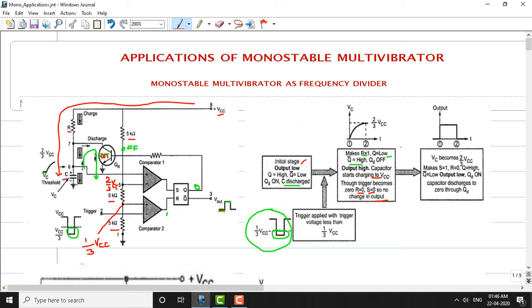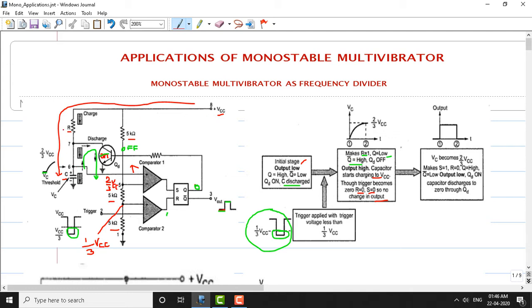Now the capacitor will keep charging for the entire duration of the on state. Once the capacitor keeps charging, the voltage at pin number 6 keeps increasing. Pin number 6 is the voltage at the non-inverting terminal of comparator 1, and it keeps rising as long as the capacitor charges through this resistance.